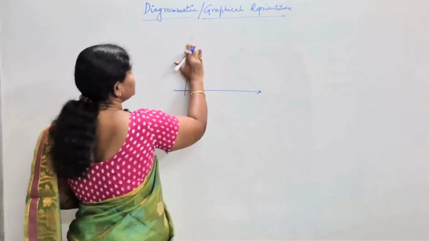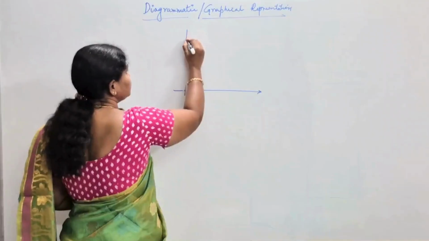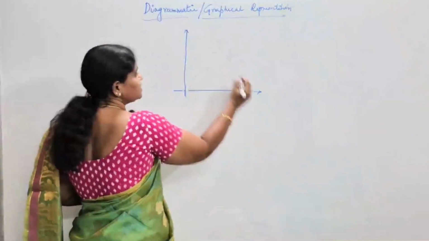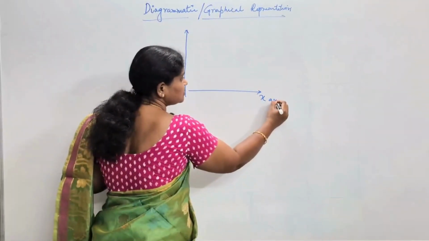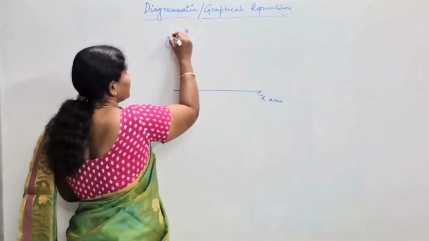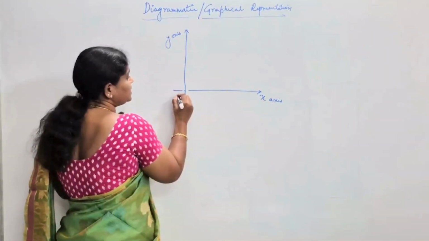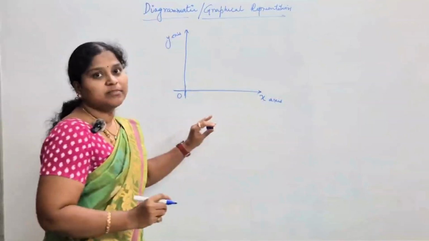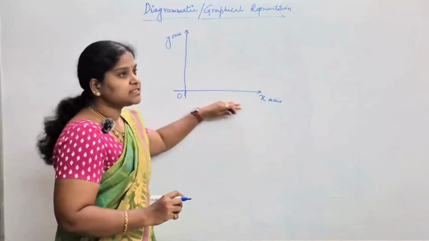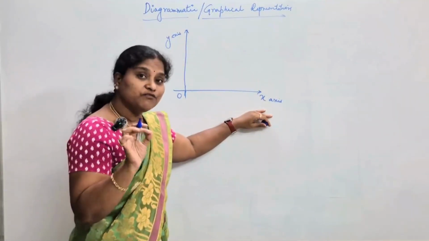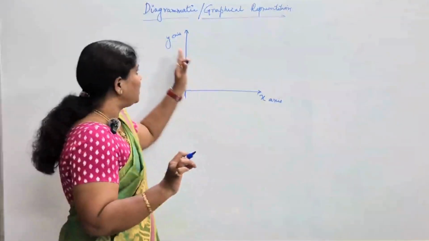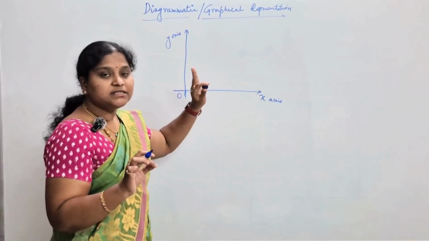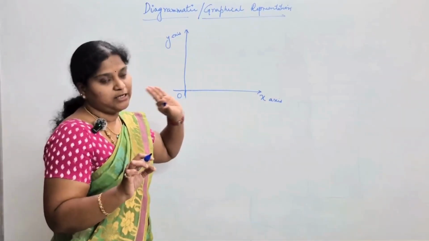It is the combination of two lines, that is the two axes. This is the x-axis and this is the y-axis. They intersect at a point O, which is nothing but the origin. On the x-axis, we represent the values of our data, and on the y-axis, we represent the frequencies of each value.